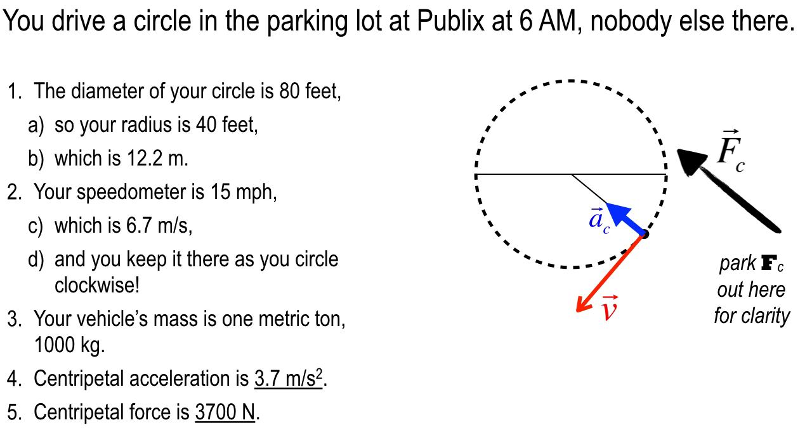And sometimes you want to draw in the force vector, and sometimes you want to draw in the acceleration vector. They point from where the object is straight toward the center. All right, so you can see that from this diagram here.